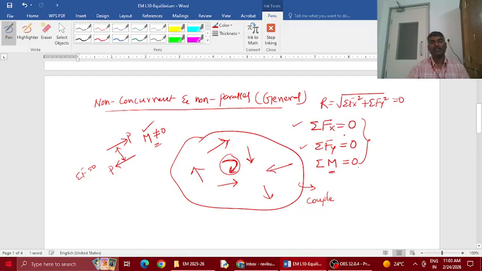These conditions are turned into equations. This is how you check the equilibrium, or if there are supports given to your body, you can find the unknown forces in the system.